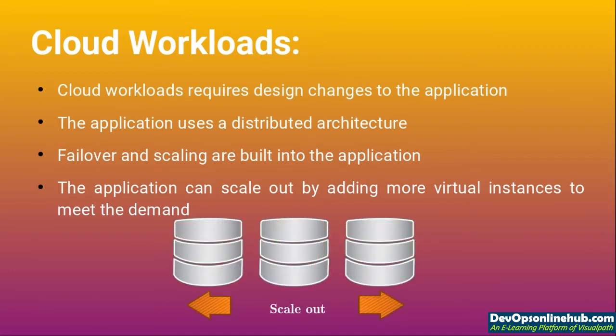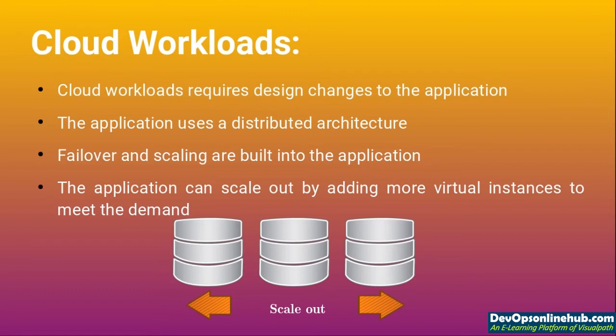What do scale out or scale in mean? Suppose you have an application running on one instance and then you have a higher demand, you add new instances and you scale out your application portfolio. But if you don't need that much computing power, you then again reduce one or two instances and scale in, so that you don't pay extra money for your cloud usage.